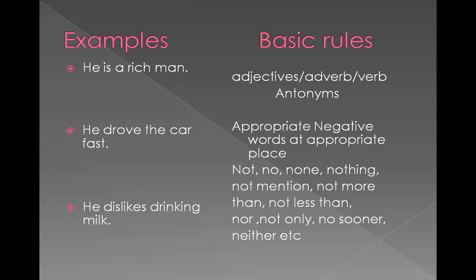So, we are going to convert rich into poor, and then we are going to add a negative word, that is not. Like, he is not a poor man. See, we have added not, and we have changed rich into poor with the help of the opposite, because it's an adjective.